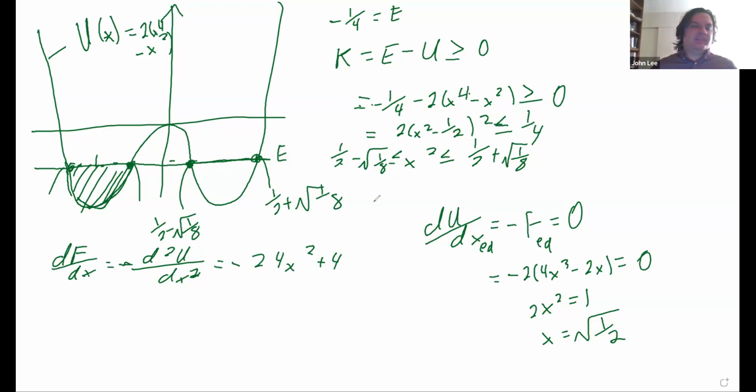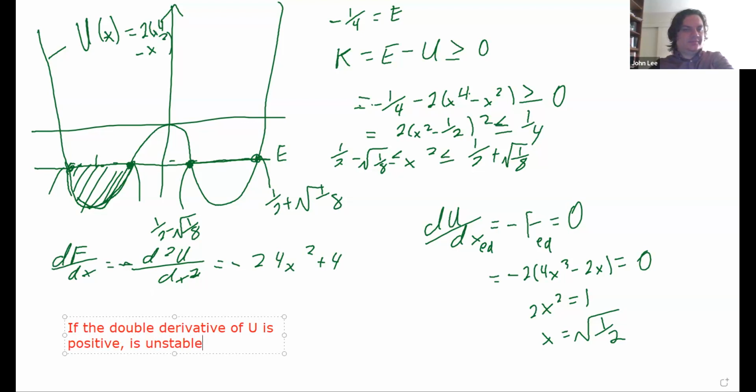So what we want to see is, if the double derivative of u is positive, it is an unstable equilibrium. If it is negative, it is stable.